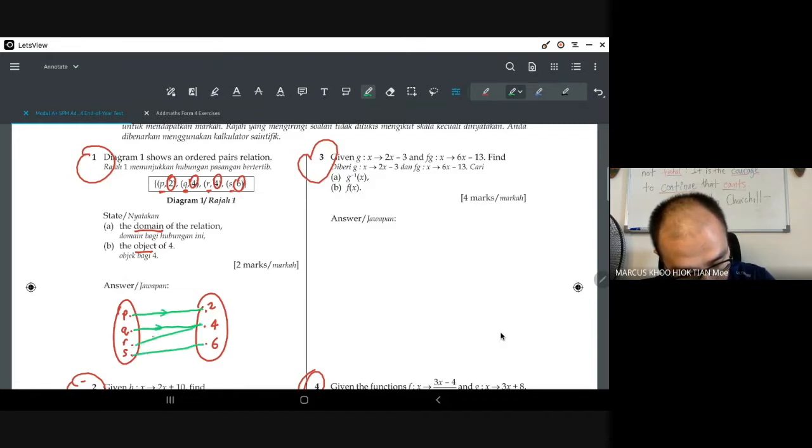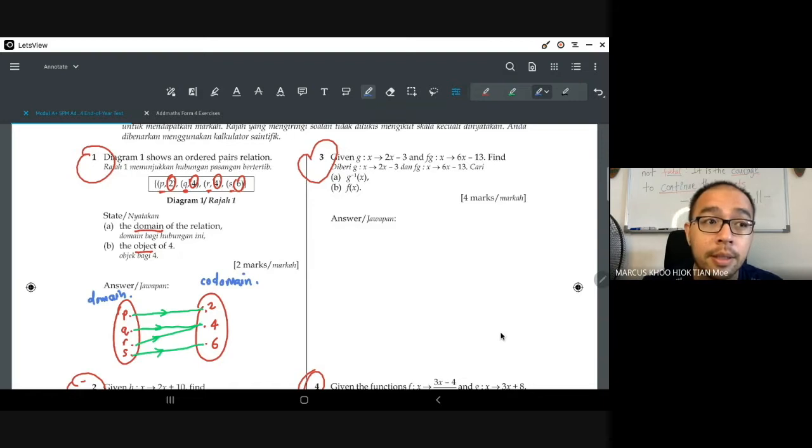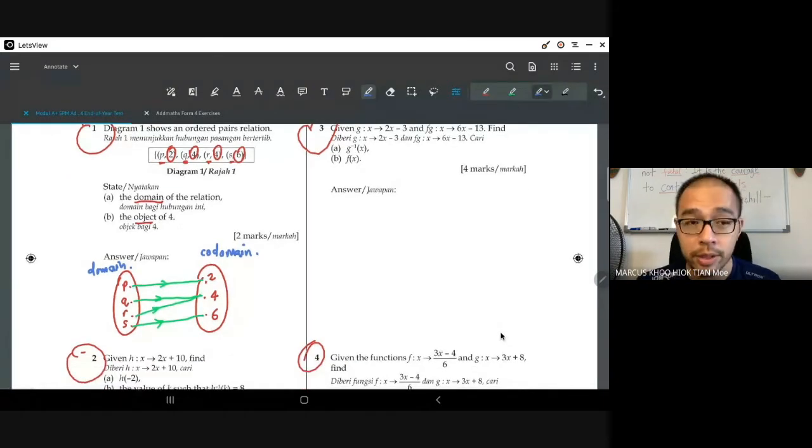Then we order this one. From this one, we know a few things. Number one, everything that's on the left is known as the domain. Everything on the right is known as the codomain. These are two very important words that we need to remember, the domain and the codomain.